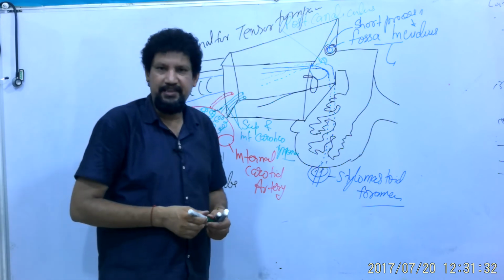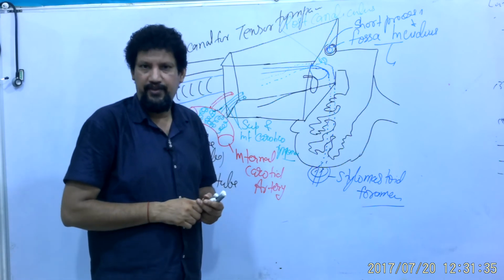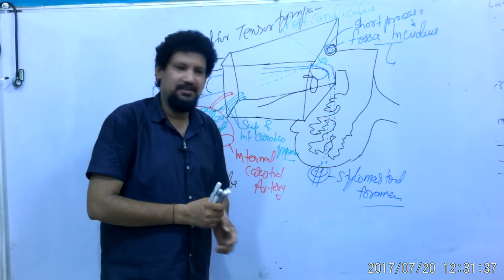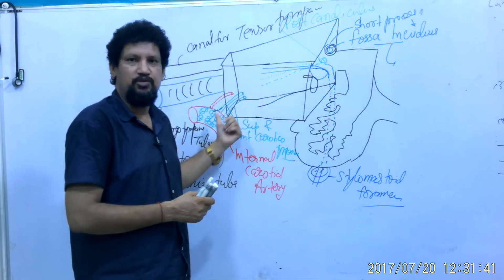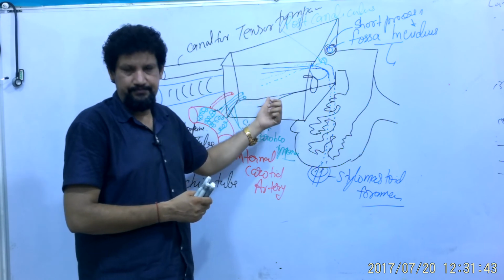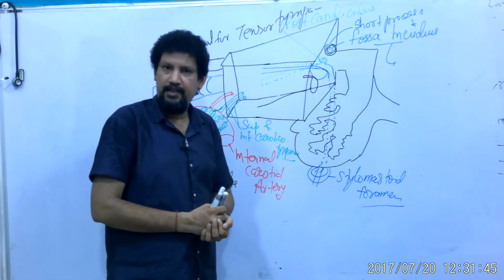The names in anatomy are not difficult to remember. It is very simple. Coming from carotid and going to tympanum. So it is carotico-tympanic nerves, the superior and inferior.